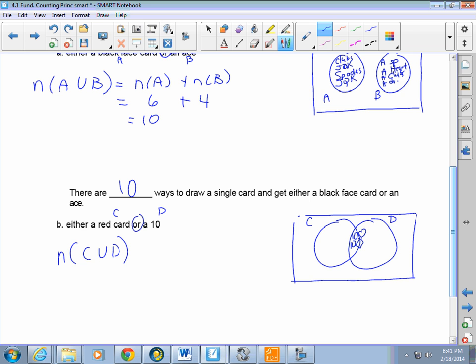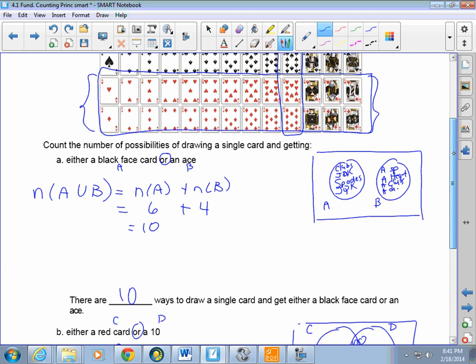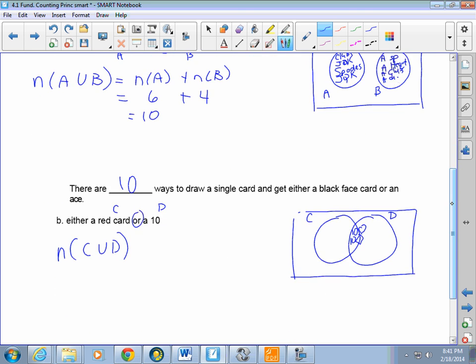On our C side, there were 26 red cards, so that would mean we'd have the 24 red. And then for the 10s, there would be the other 2 that are black, so that would be the 10 of clubs and 10 of spades.